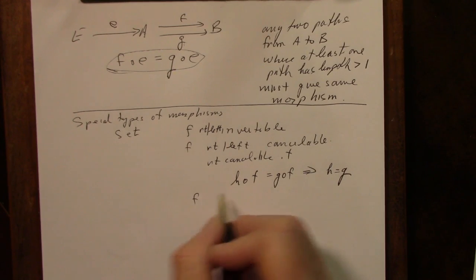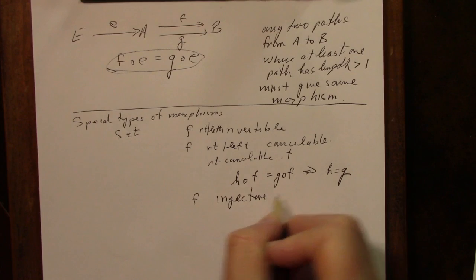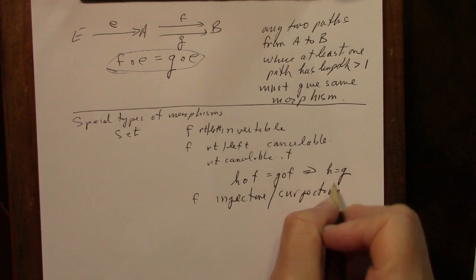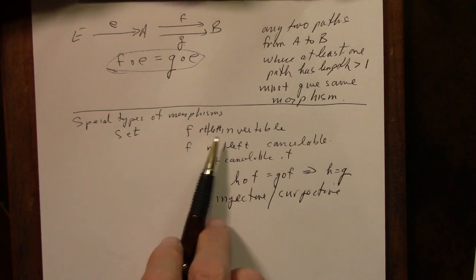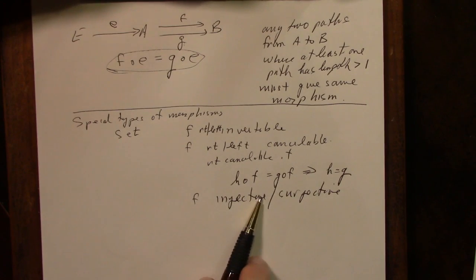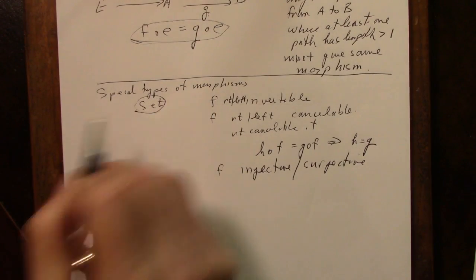You also have the notion of injective and surjective functions. So we've got three sets of concepts, a left and right pair: invertibility, cancelability, and injectivity and surjectivity. In the category of Set, these are related.